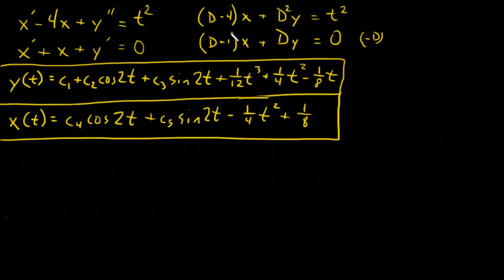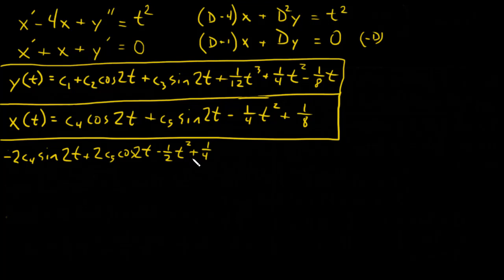So I'm going to have the derivative of my x of t, which is going to be -2 C4 sine 2t plus 2 C5 cosine 2t, minus 1/2 t squared plus 1/4.